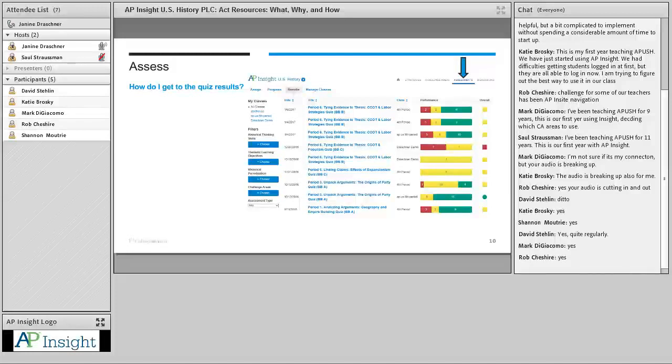the upper right-hand side. And when you click on the Results tab, the arrow is pointing to it, you'll see the assessment you have already assigned and get an overview of student performance. And for any given assignment, the bar on the right gives you a quick visual breakdown of how students performed on the assessment.